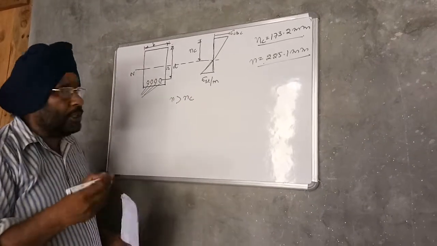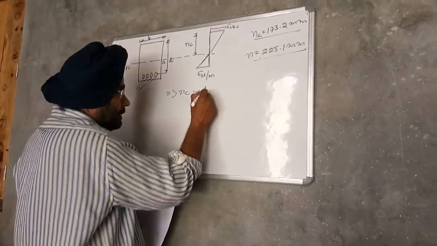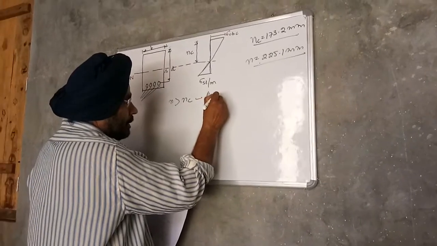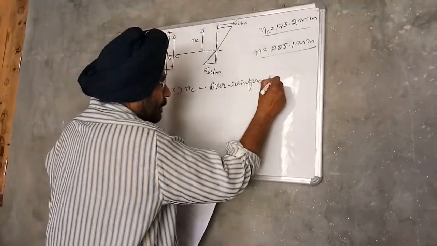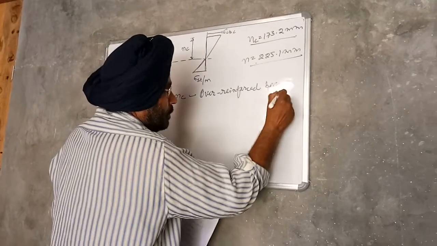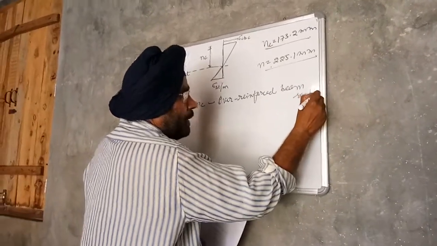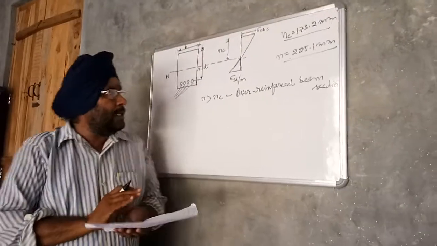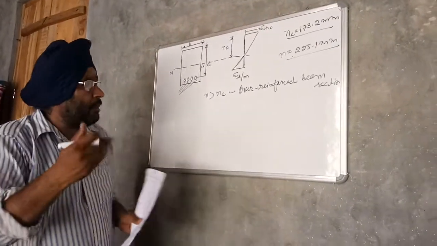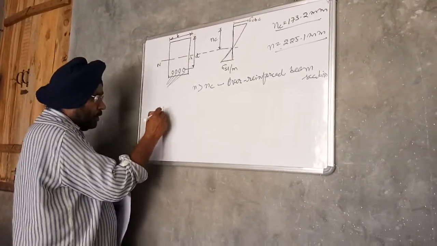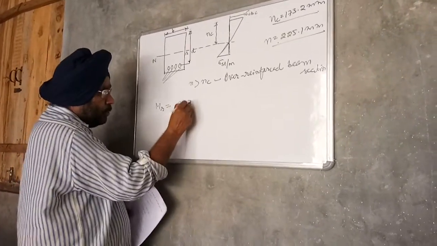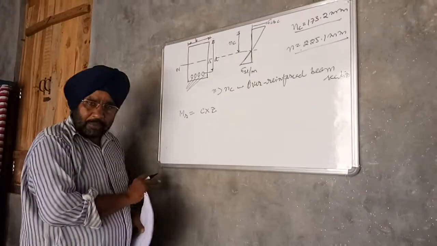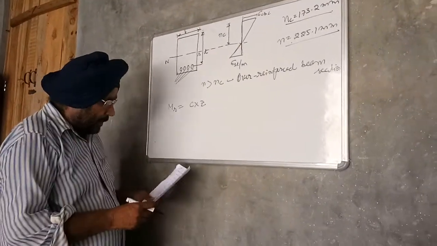It means the section is an over reinforced beam section. In case of an over reinforced section, the moment of resistance of the section is governed by concrete. So M is the moment of resistance of the section. It is given by C into Z, where C is the total compressive force and Z is the lever arm.